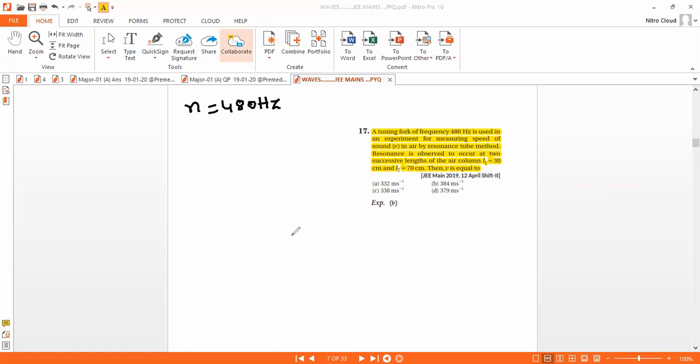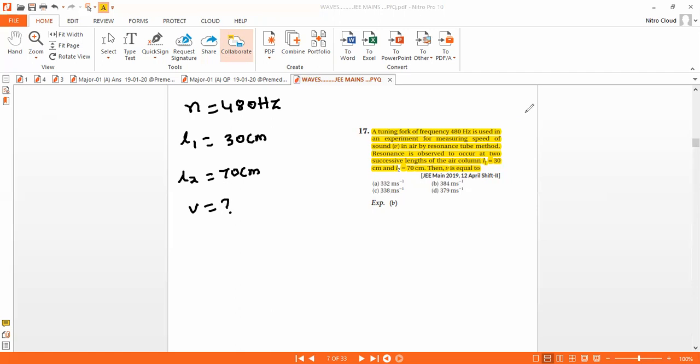The resonance is observed at two lengths, that is 30 centimeter and 70 centimeter. We need to find the speed of sound.